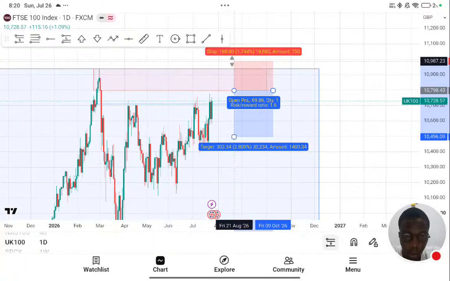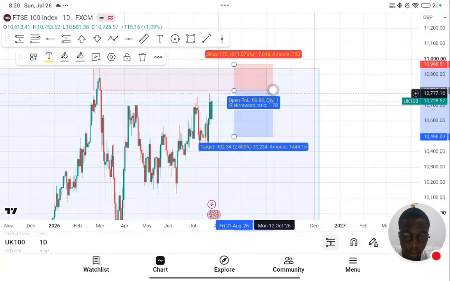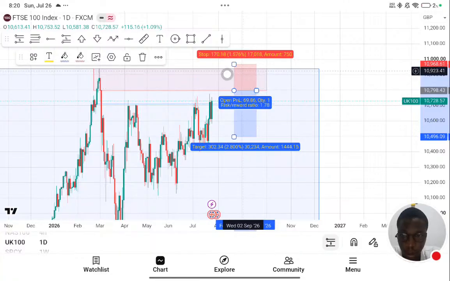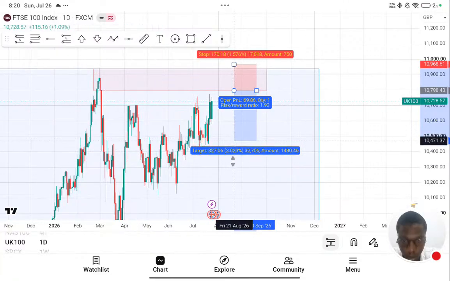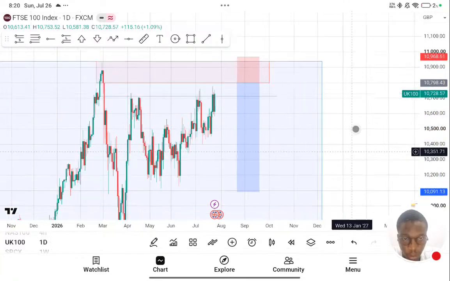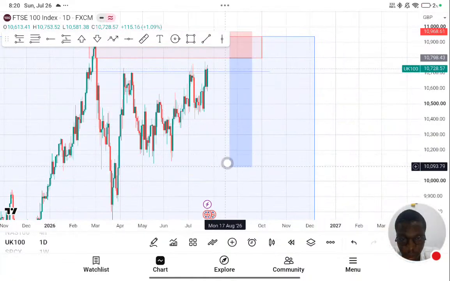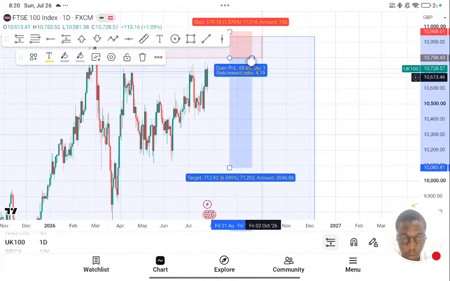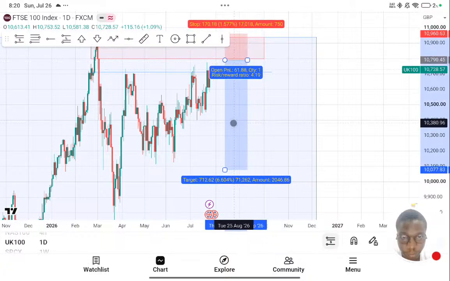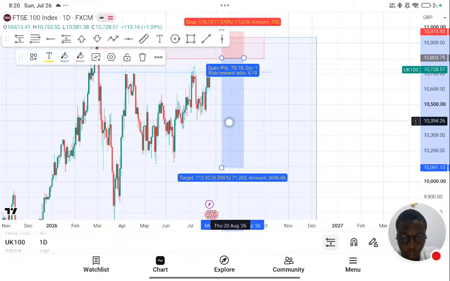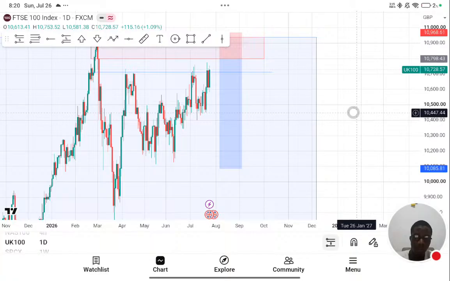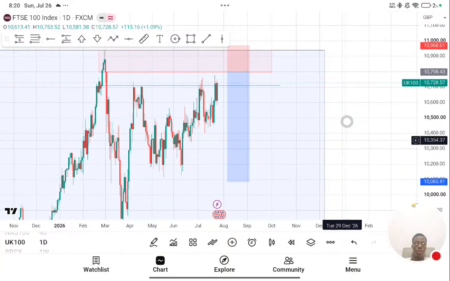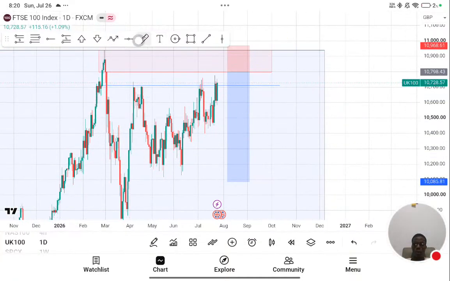Stop loss here, and then let's see what plays out. Come down to a very long sell. Maybe target this low, which happens to be around 10,800.